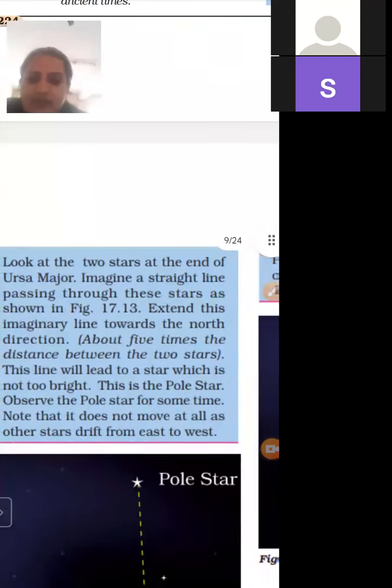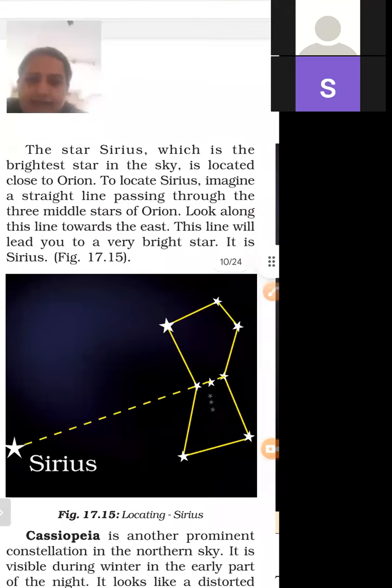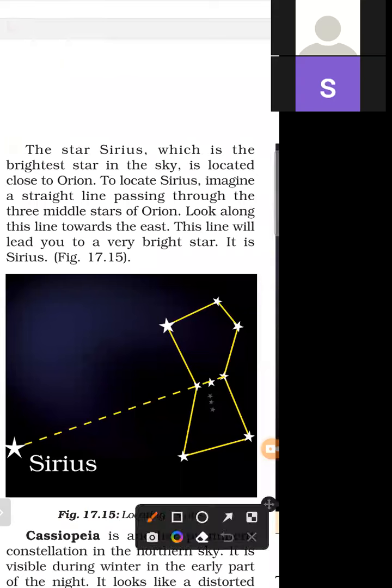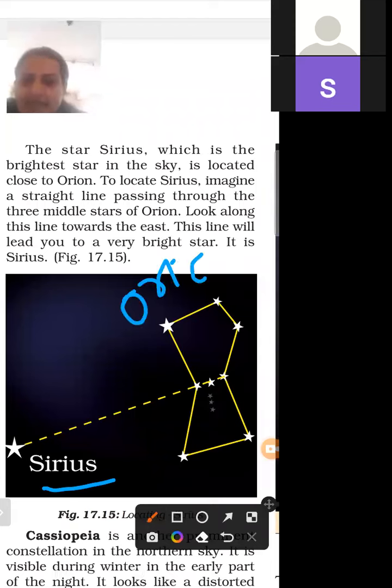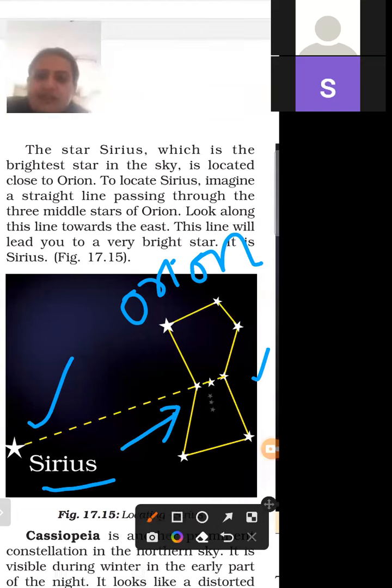The star Sirius is the brightest star in the sky. It is very close to Orion. This is the shape of Orion, and this brightest star is very close to Orion. How can you locate Sirius with the help of this constellation?